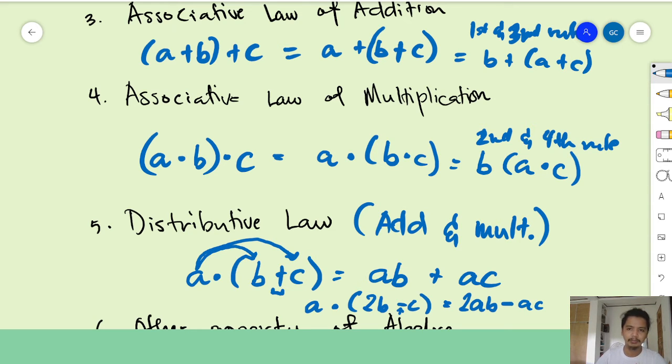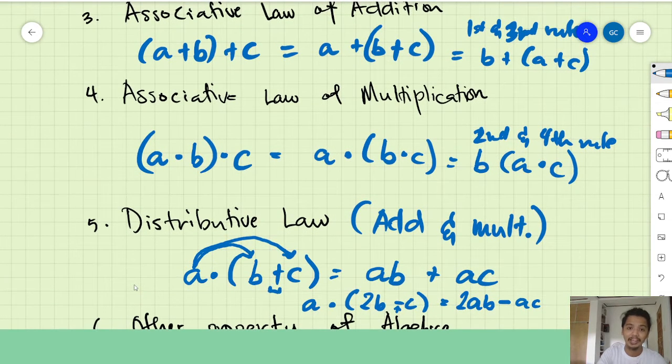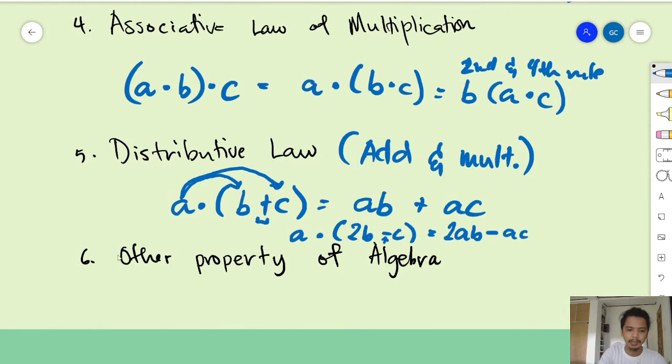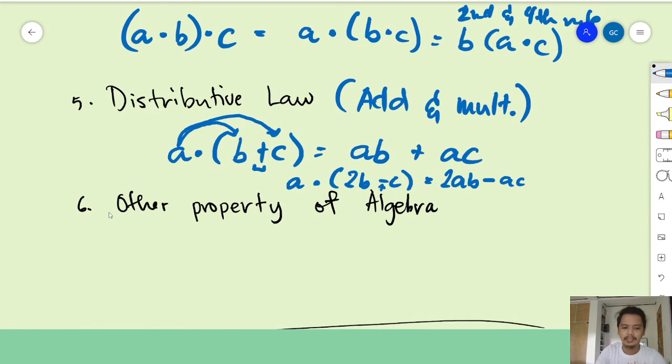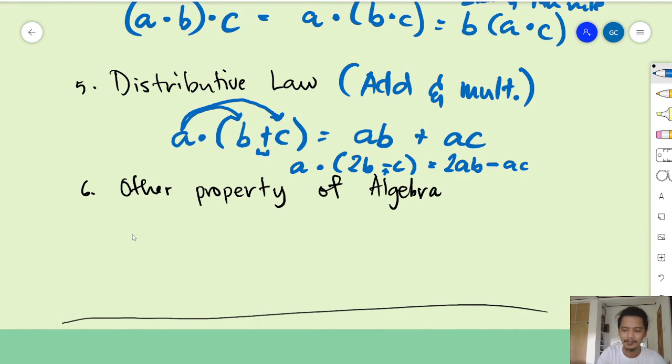For the division, pwede rin siyang mag-work itong distributive law natin. So, present na lang natin siya sa time na i-discuss na natin division, since ang pag-uusapan lang naman natin ngayong araw ay yung addition and subtraction of polynomial. So for the other properties of algebra, hindi kasi siya talagang law, pero yung iba, kino-consider nila na law.